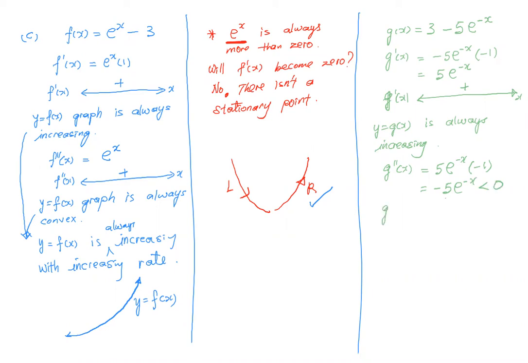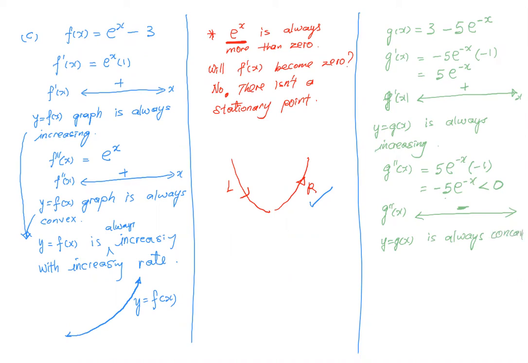So your g double prime x is always negative. That means it's telling us that my y equal to g(x) is always convex or concave? Concave, thank you.